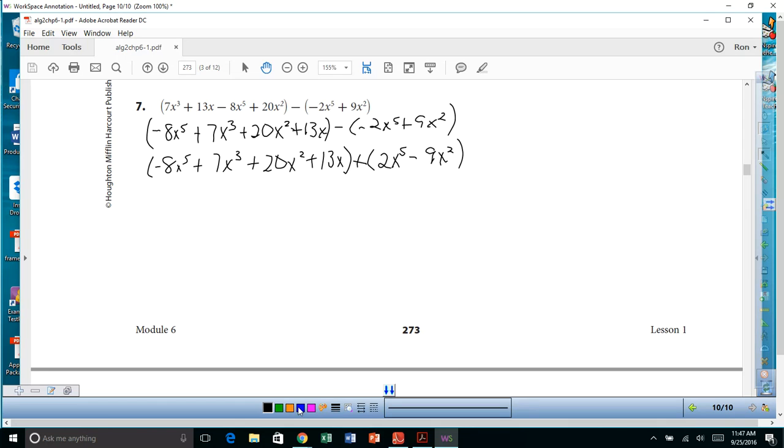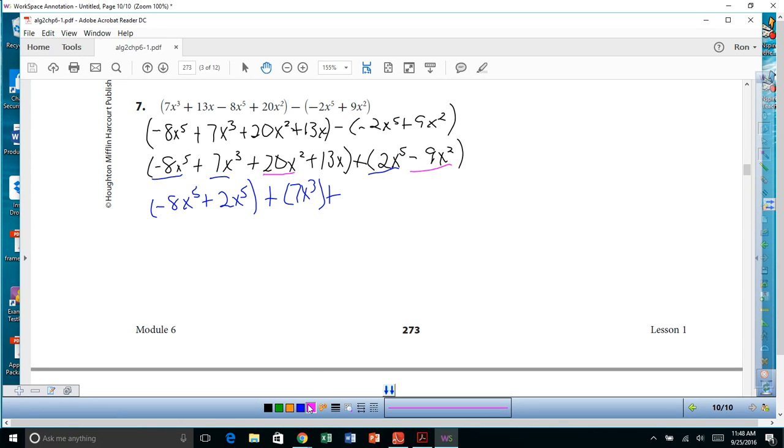You get rid of that stuff. Let's take a look. What do we got? So we got some like terms there to combine. Negative 8x to the 5th plus 2x to the 5th. There's no x to the 3rd over here, so we got plus 7x to the 3rd. Excuse me. We do have some x squares. We got a 20x squared here and a minus 9x squared there.